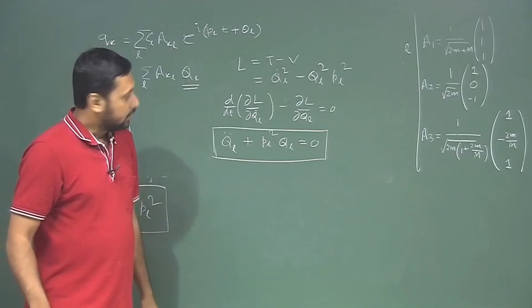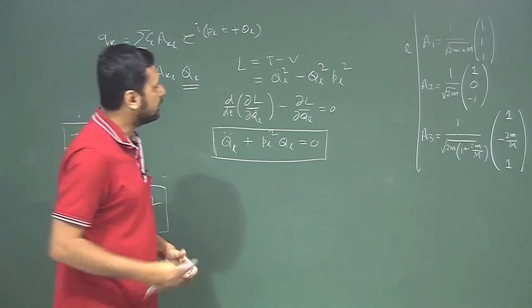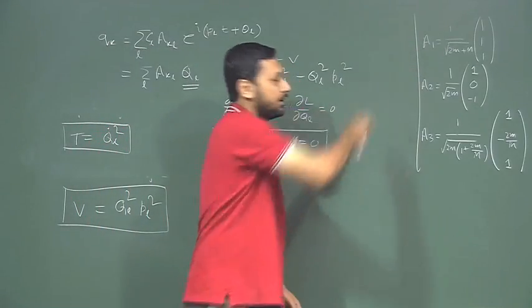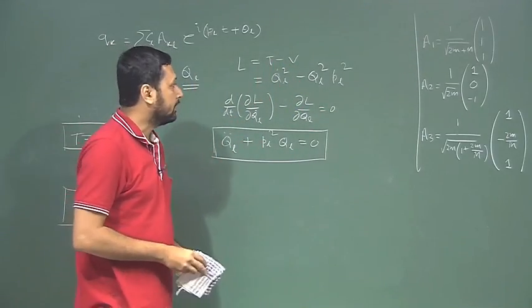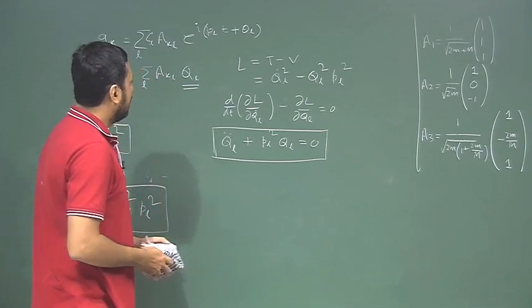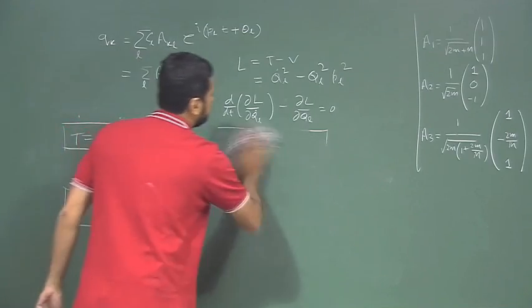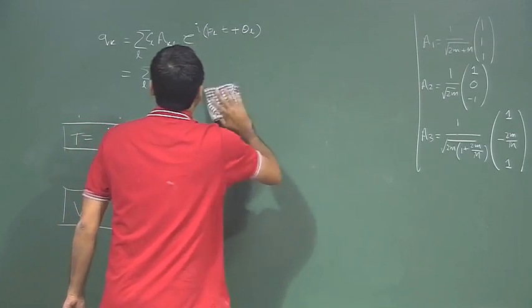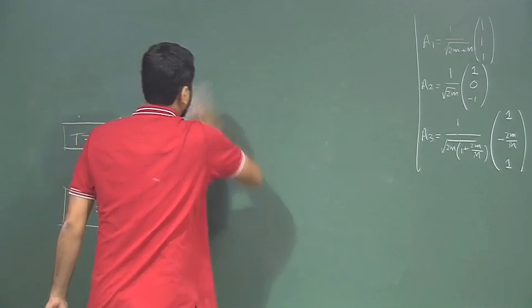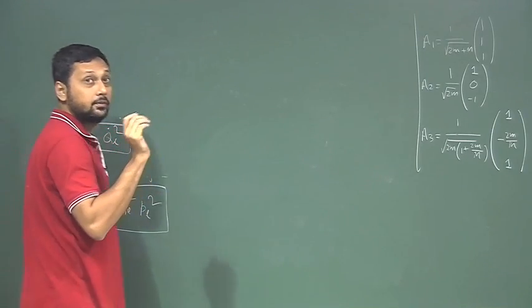So, we will go back to this example of the linear triatomic molecule and try to find out what the normal modes are here. For the linear triatomic molecule, we have not written the final solution.